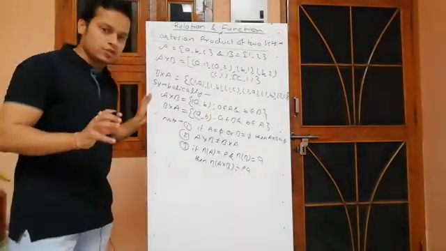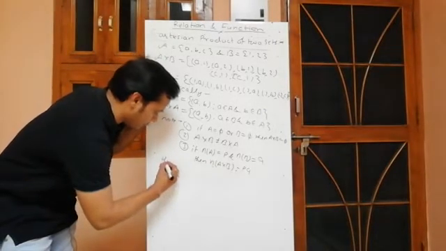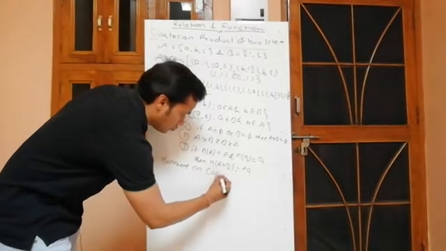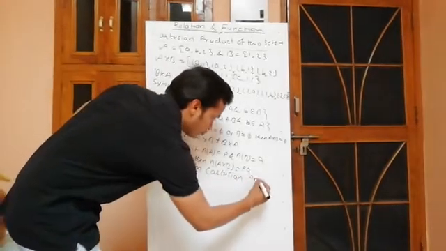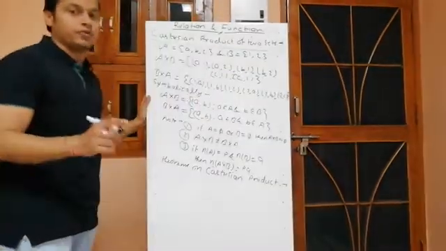Now we have theorems on Cartesian product.